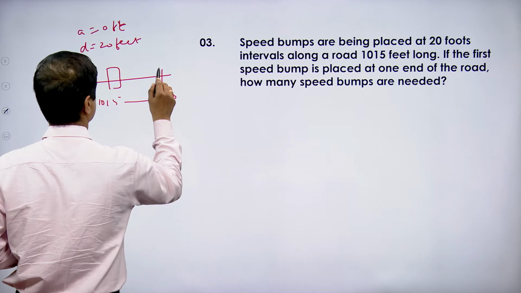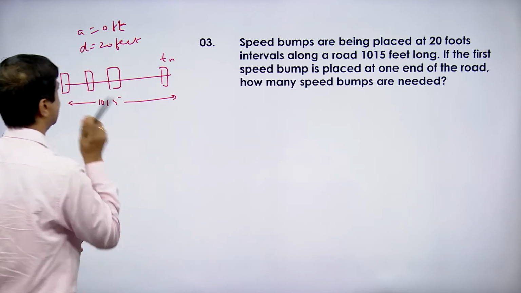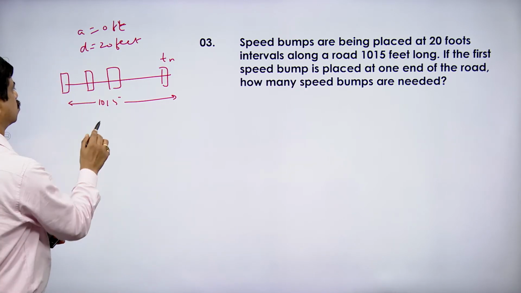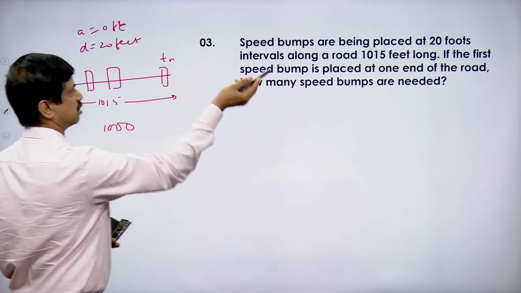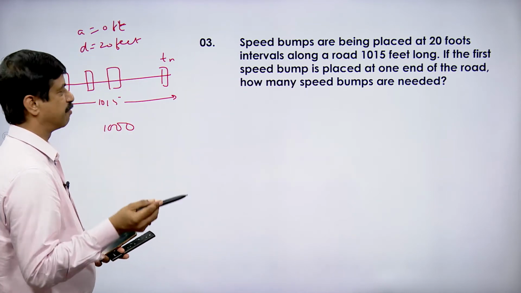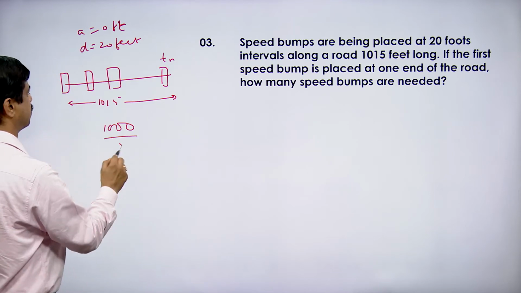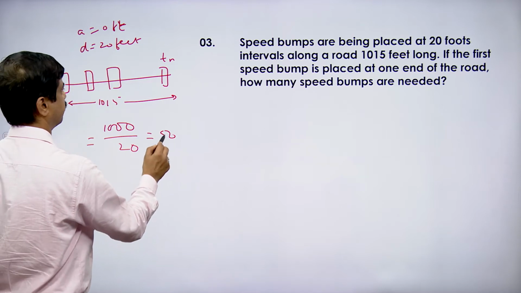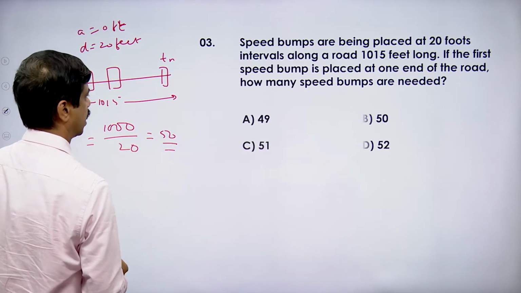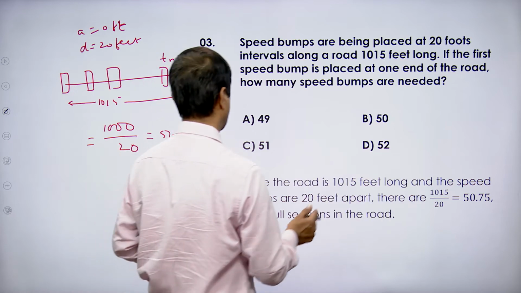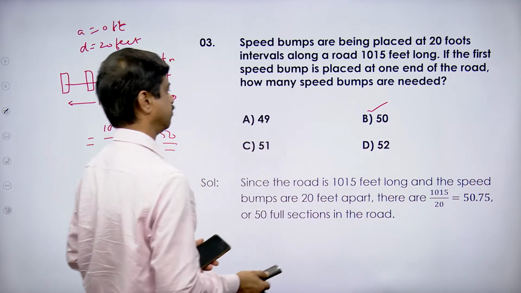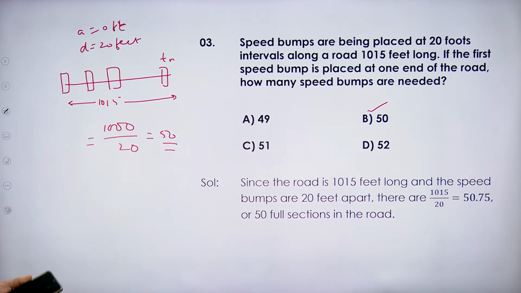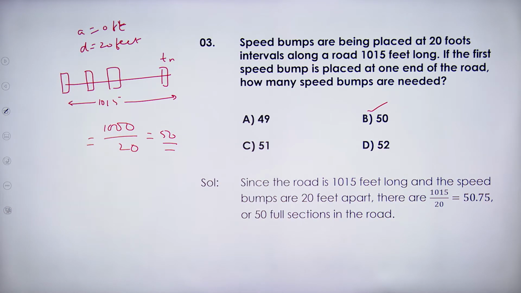Let us call it Tn. 1000 is a multiple of 20, so if you divide by 20 you will get the number of speed bumps. That is 50. 50 speed bumps are required. Option B you have. If you take 1015, it is 50.75, but below that it is only 50, children. Please note it fast, quick.